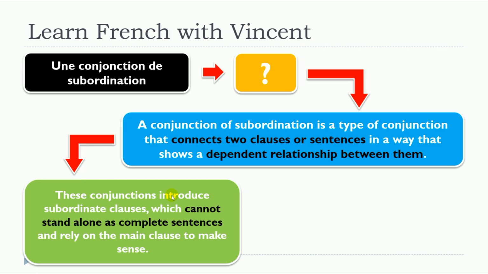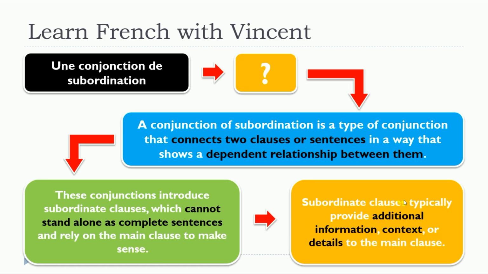So these conjunctions introduce subordinate clauses which cannot stand alone as complete sentences. So this is the second important thing. These clauses cannot stand alone as complete sentences, and they rely on the main clause to make sense.